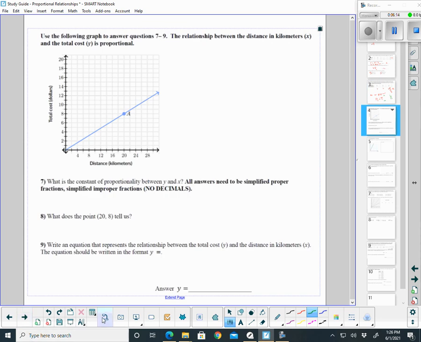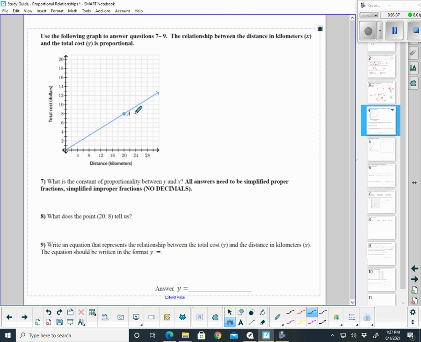Okay, use the following graph to answer questions 7 through 9. The relationship between the distance in kilometers, x, and the total cost, y, is proportional. What is the constant of proportionality between y and x? All answers need to be simplified fractions or simplified improper fractions. No decimals.